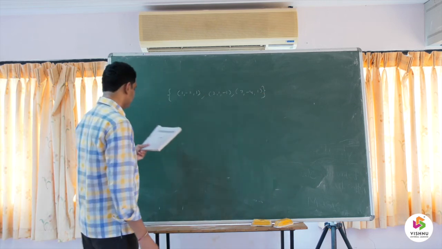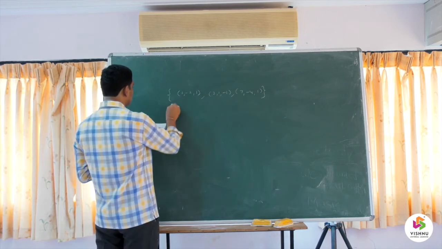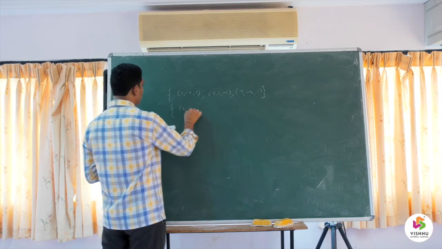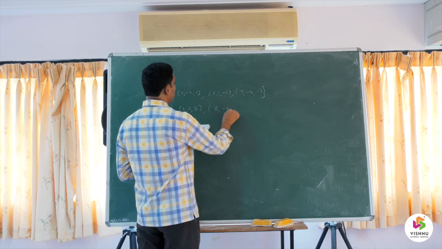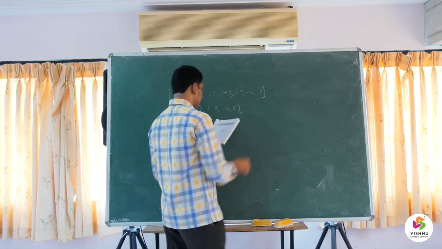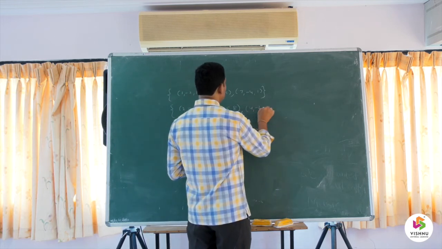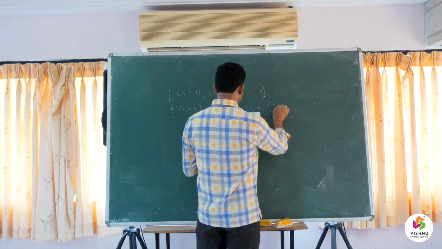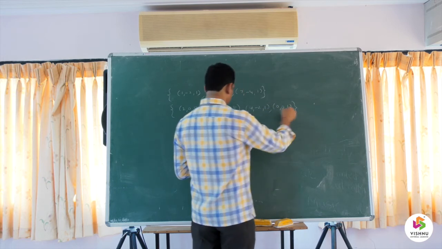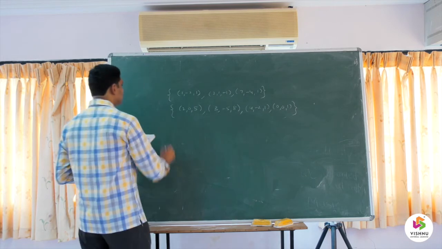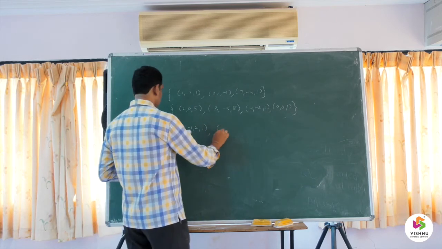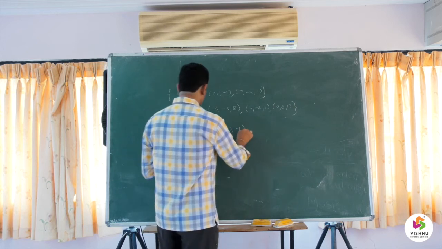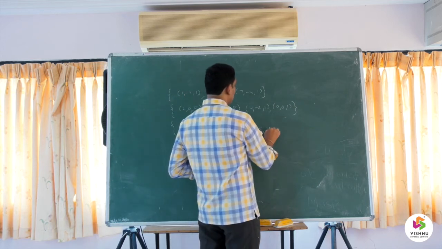This is the first problem, and the second set is given by 2, 0, 5; 3, minus 5, 8; then 4, minus 2, 1; and 0, 0, 1. And the third one is given by minus 1, 2, 1; 3, 0, minus 1; and minus 5, 4, 3.